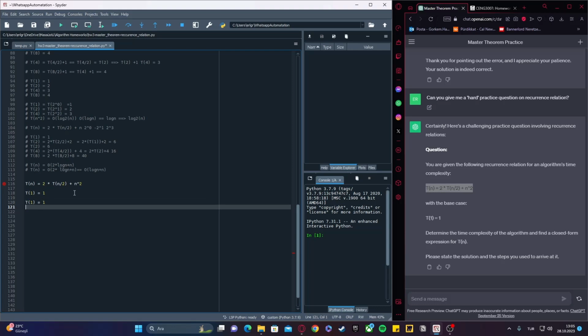T of 1 equal to 1, T of 2 equal to 2 times T of 1 plus 2 over 2, and T of 4 equal to 2 times T of 2 plus 4 over 2.